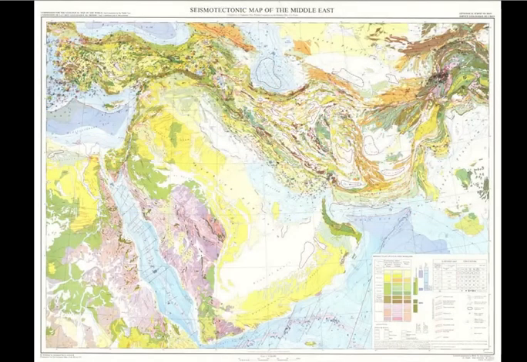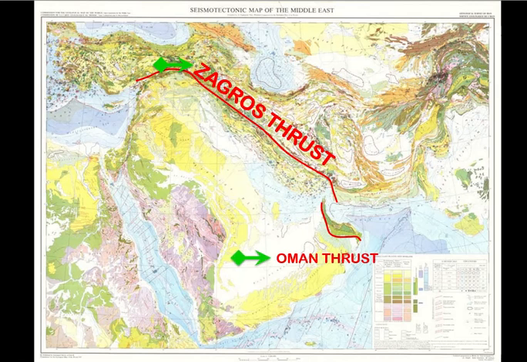We have a major one of these in the Middle East, known as the Zagros Thrust, and also the Oman Thrust and the Troodos Mountains, which are basically part of the same system, from when Eurasia, I should say, and Arabia, the Afro-Arabian plate, slammed into each other, and the Arabian plate is now being thrust underneath Eurasia.